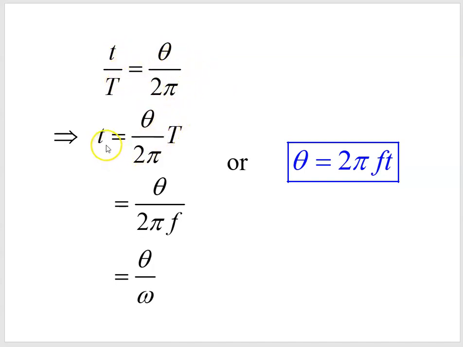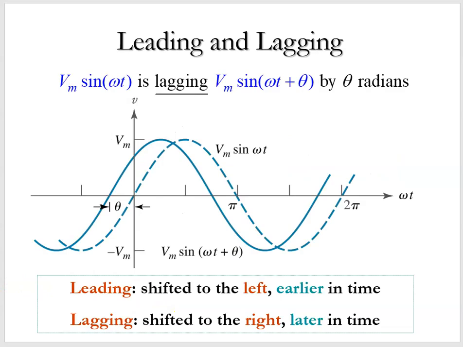From this, time t is equal to theta over 2 pi times the period, and the period is 1 over frequency f. So the time that occurs earlier is theta over omega. And we'll do that in lab.